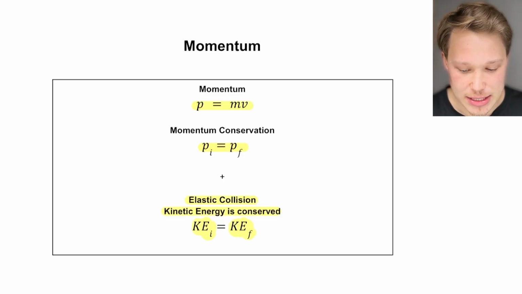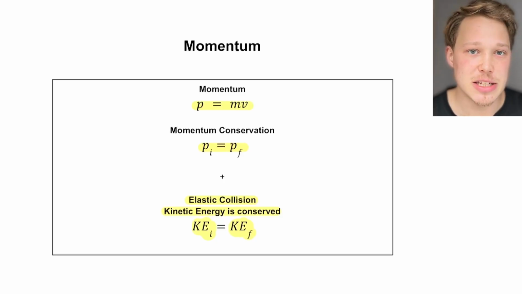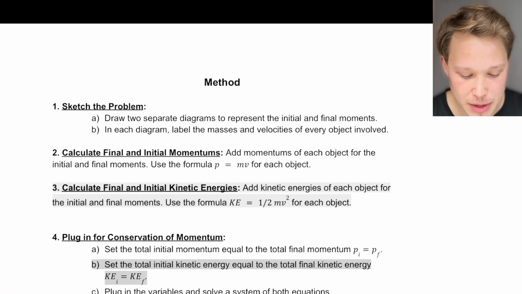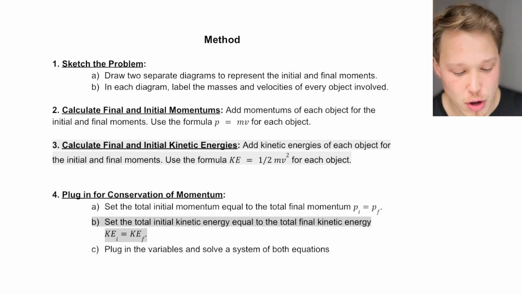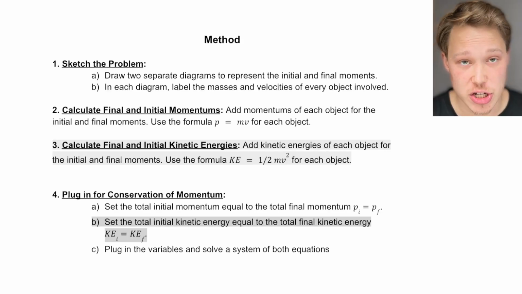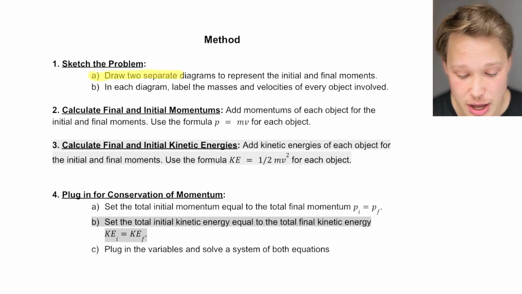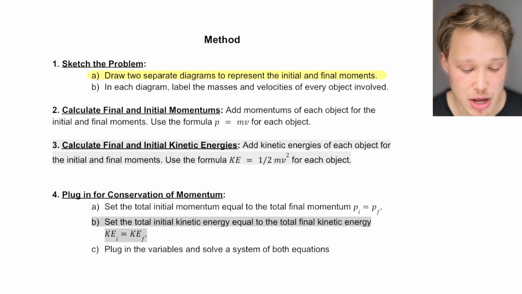Now, let's take a look at how that changes our method for approaching momentum conservation problems. For those who haven't seen the previous video, or as a review, remember that we approach momentum conservation problems by sketching a diagram for the initial and final moments, usually before and after the collision.